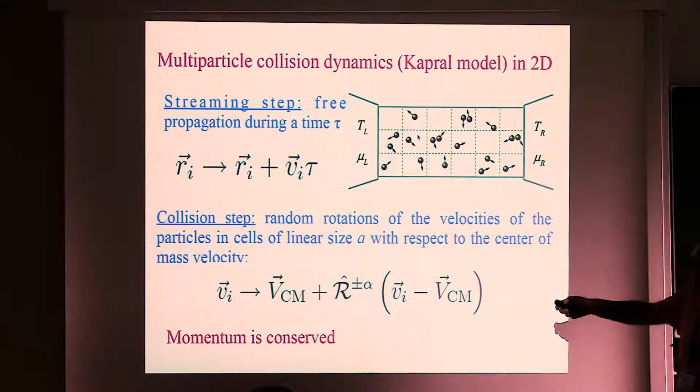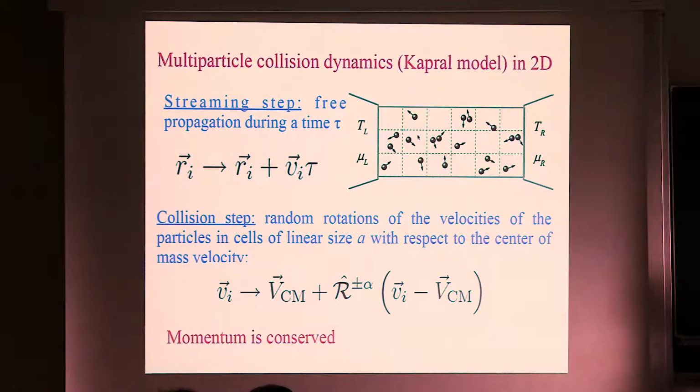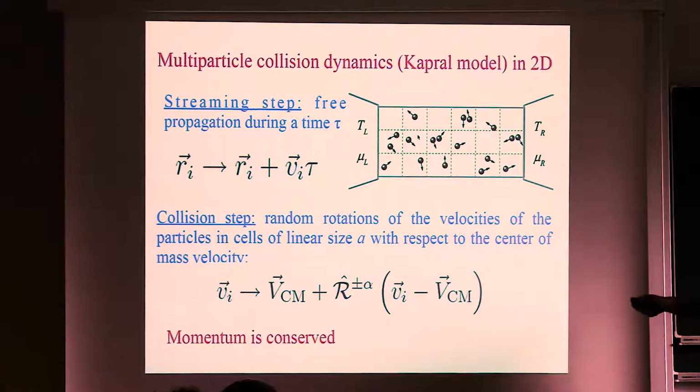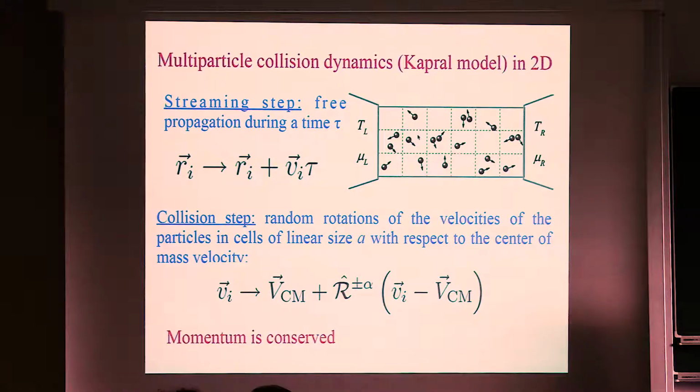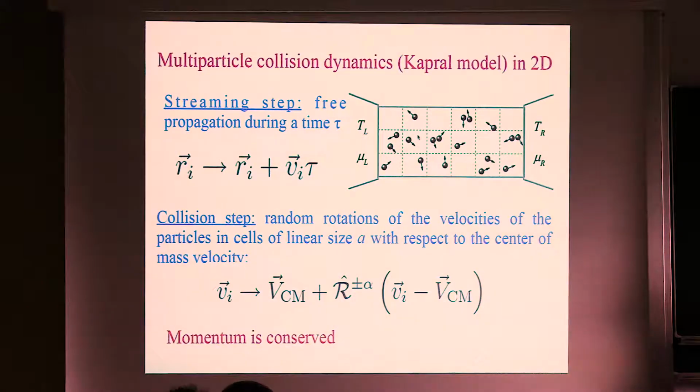You discretize time and the time of interactions. So you have streaming steps where you have free propagation. Then you divide your system into cells. After a free propagation, you have a collision step. You look at particles inside each cell, and you randomly rotate the velocities of the particles in each cell, with respect to their center of mass velocity. This plus or minus rotation angle gives you the interaction strength, basically. Of course, this is a momentum-conserving system, so the previous theory should apply.